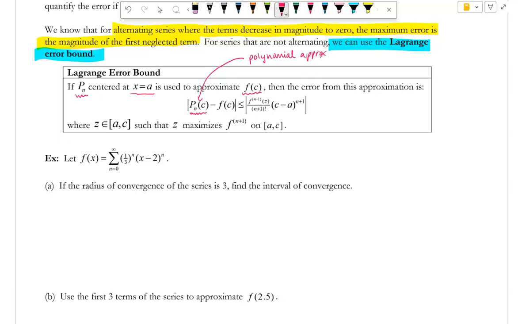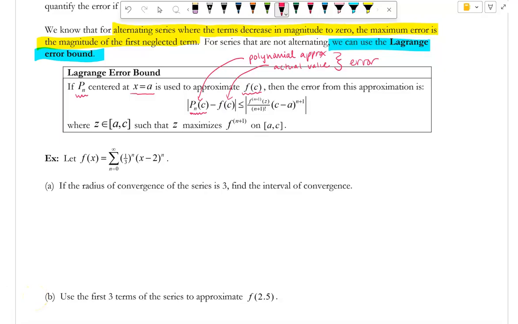And what we're subtracting from that is the actual function value, f of c. So that's our actual value. In other words, the left-hand side of this is just the error itself. And we can use the absolute value there because it doesn't matter if the difference is positive or negative, but the difference between our approximation and our actual value, that's our error.